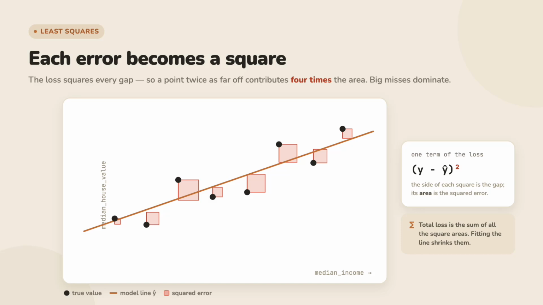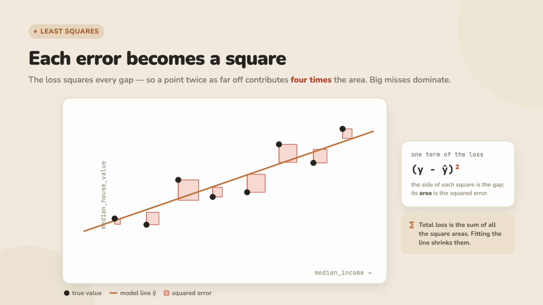So if it's 2 values from the actual value, if your model predicts only 2 units away from the actual value, right, that's going to count 4 times less as if it were 4 units away, right? Even though it's only twice as much, 2 squared versus 4 squared is 4 times as much. And so that's basically what's happening.